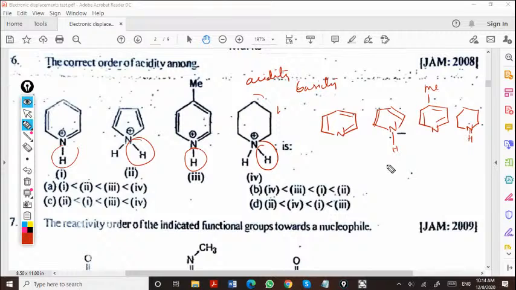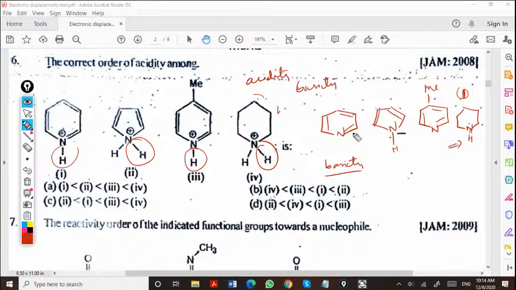So let's have a look at the basicity. The basicity of non-conjugated systems is more when compared with conjugated systems. So this is one, the highest basic.